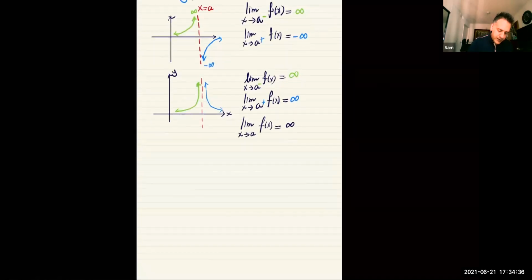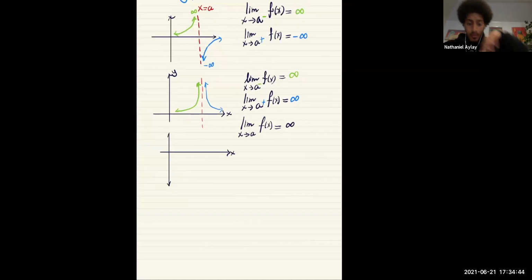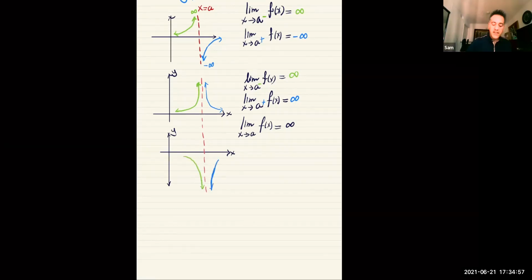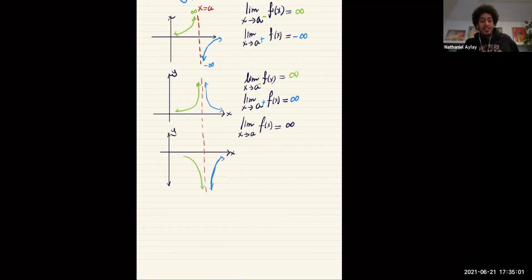So here is the other scenario where we have a vertical asymptote. If a limit is going to negative infinity from the left and the right, then the limit is in itself negative infinity.